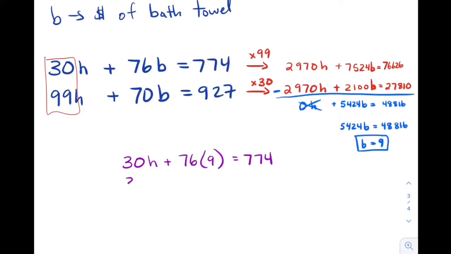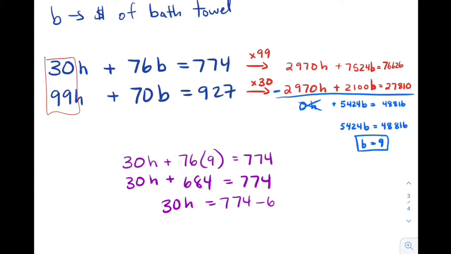And I'm just going to solve for H. I'm going to multiply 76 times 9, and we get 684. That's how much all the bath towels cost. I'm going to bring that over to the other side. 774 take away 684, and we end up with 90. So 30H is equal to 90. And divide both sides by 30, I'm going to get H is equal to 3.